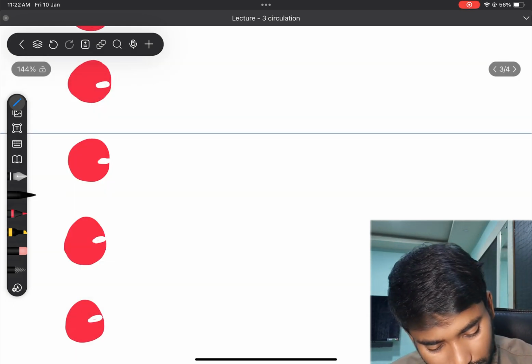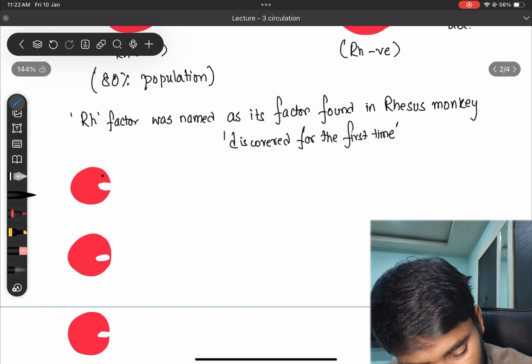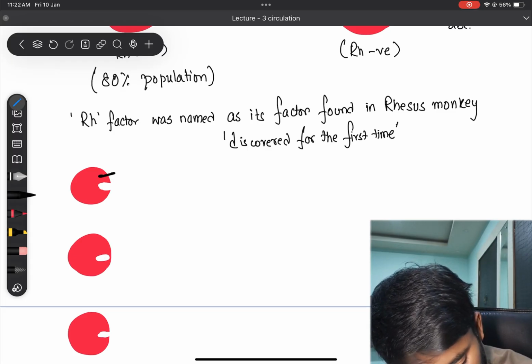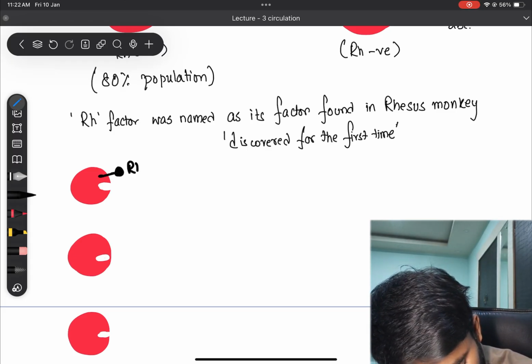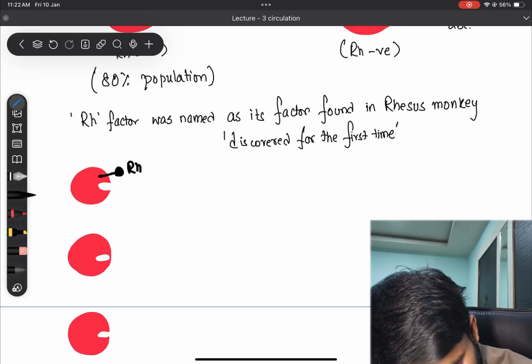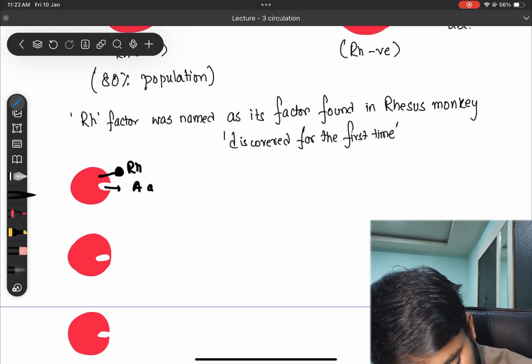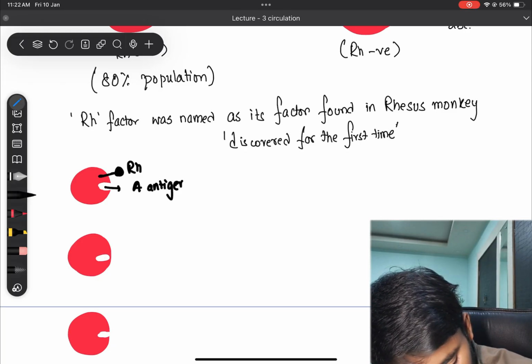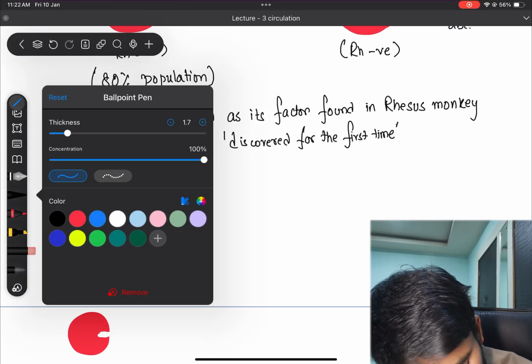This is the Rh and this is the A antigen.